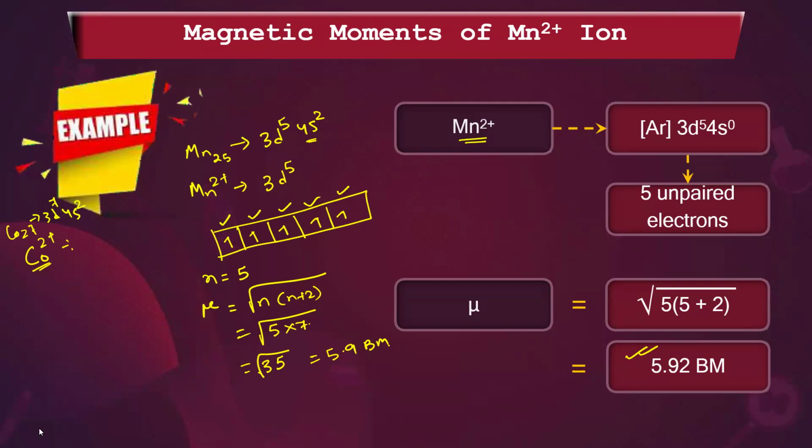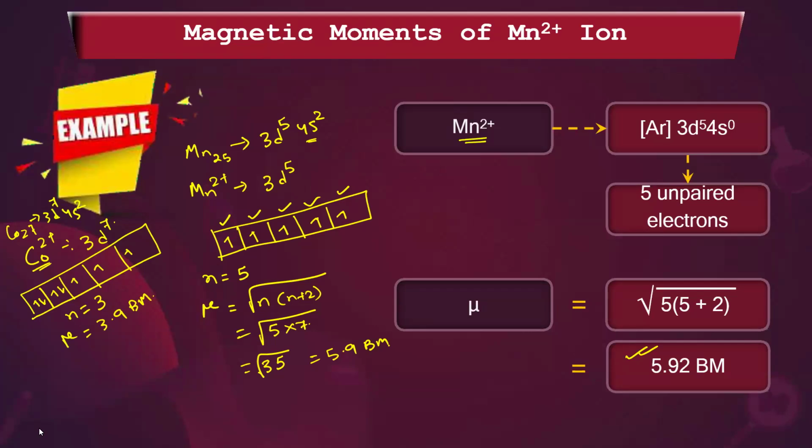If I remove 2 electrons, it will give you 3d7. The number of unpaired electrons will be 1, 2, 3, 4, 5, 6, 7, so n is equal to 3. The magnetic moment will be 3.9 BM.